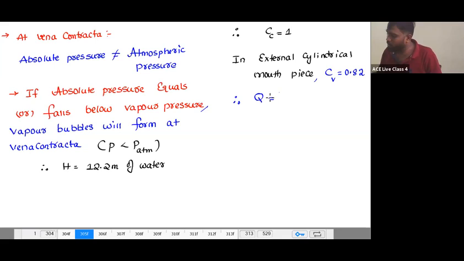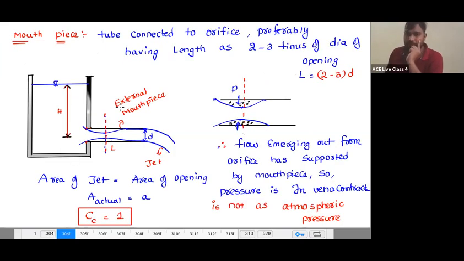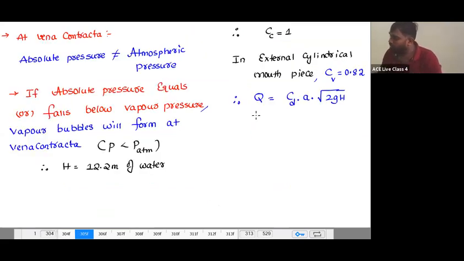So now the discharge is nothing but Cv into A into root 2gH. See, the formula is the same, but the biggest difference between the mouthpiece and the orifice is this one, Cc. Now in the case of Cd, what is Cd now?